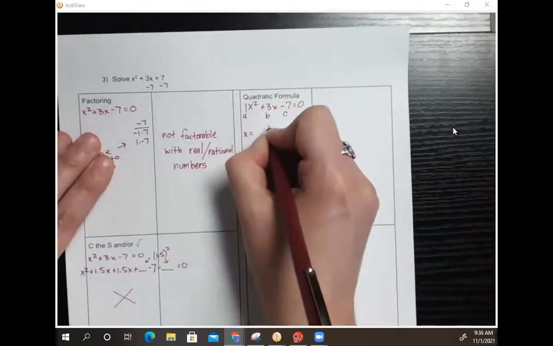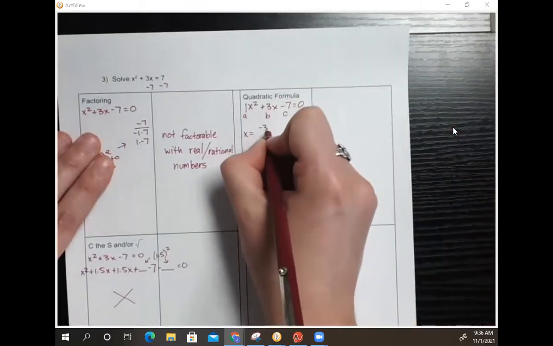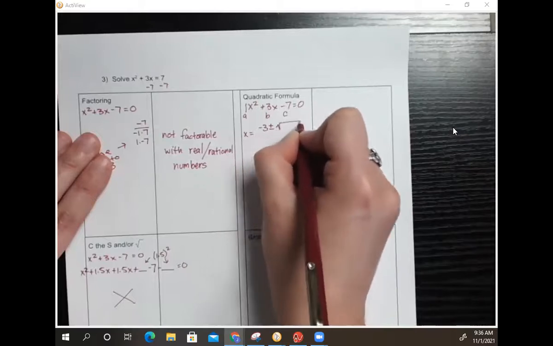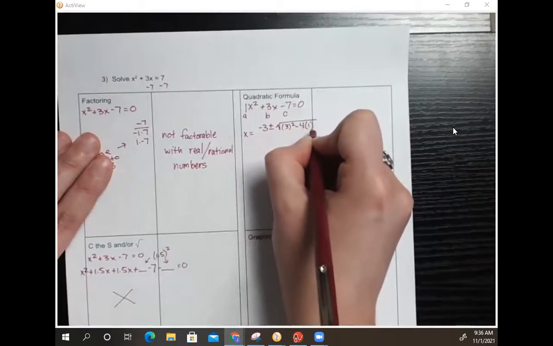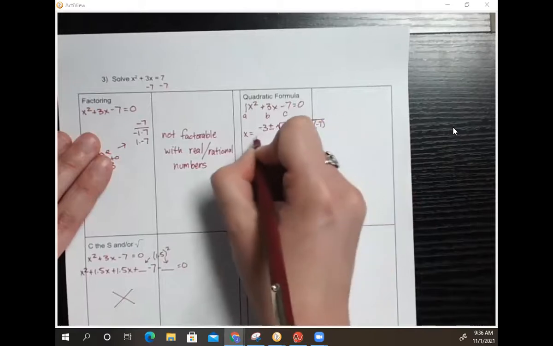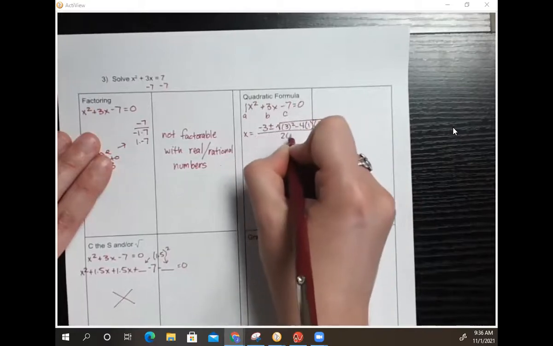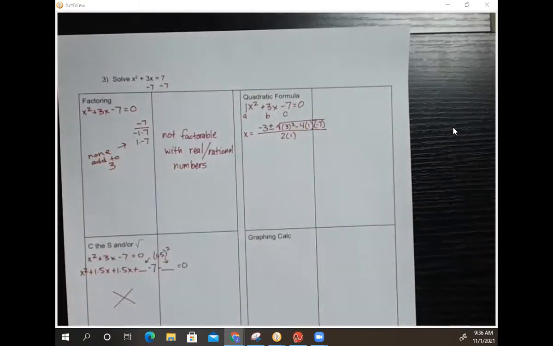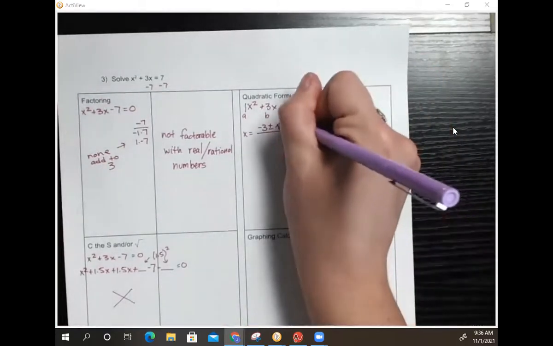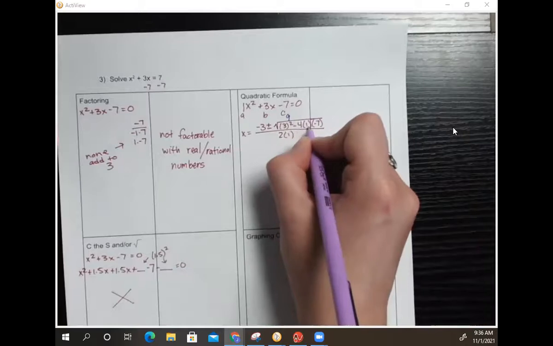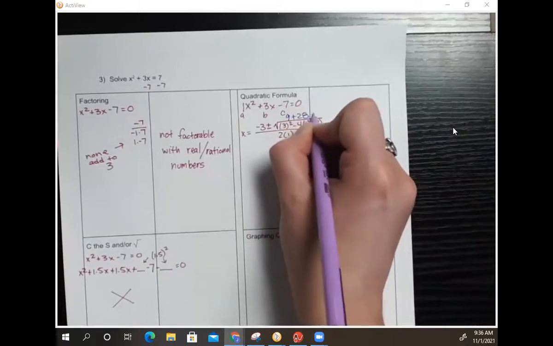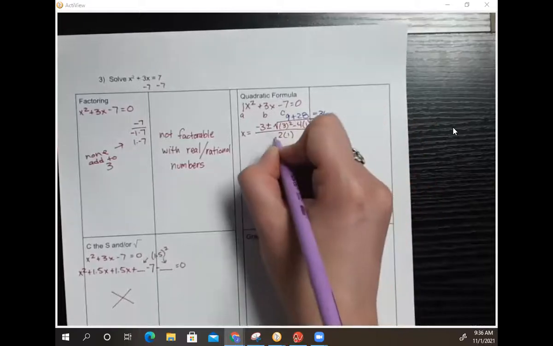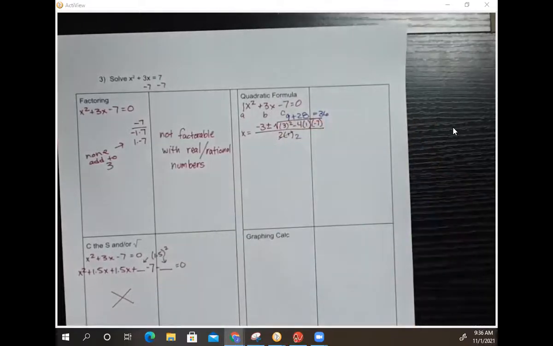So x equals, change the sign on b, so that'd be negative 3 plus or minus the square root of 3 squared minus 4 times 1 times negative 7, all over 2 times 1. Three squared gives me 9. Negative 4 times 1 times negative 7 would give me positive 28. 9 plus 28 is 37. And then on the bottom, 2 times 1 is 2.